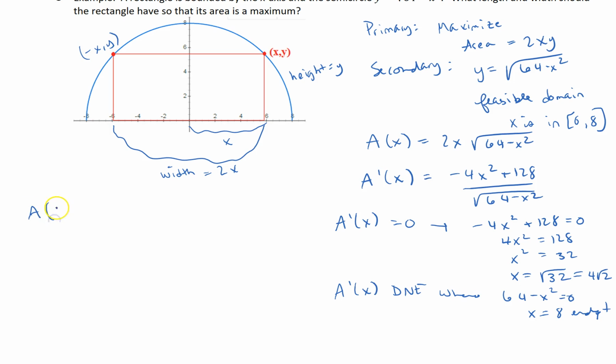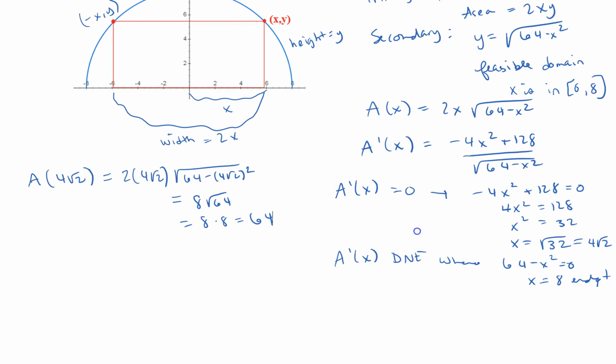So A of 4 square root of 2 would be equal to 2 times 4 square root of 2 times the square root of 64 minus (4 square root of 2) squared, which simplifies down to be 8 square root of 64, or 8 times 8, which is 64.